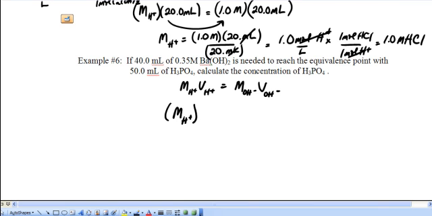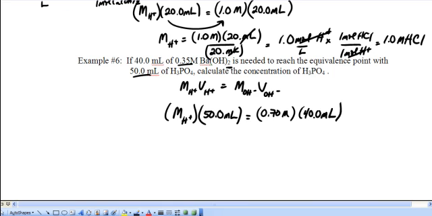And so now the volume of the acid is going to be the 50 milliliters. Now the concentration of the hydroxide, again you have 0.35 molar barium hydroxide, but you need to double it because you have 2 hydroxides for every barium hydroxide, so we're going to call this 0.70 molar hydroxides. And then the volume of the hydroxide added is 40 milliliters.